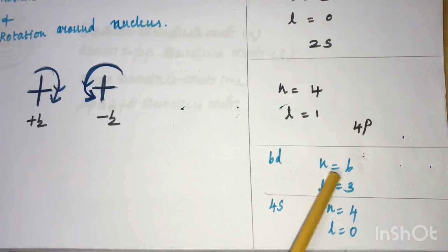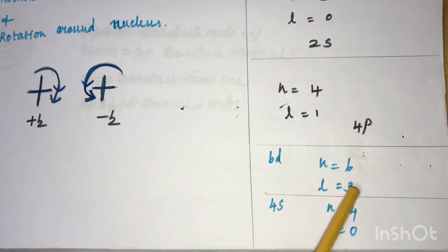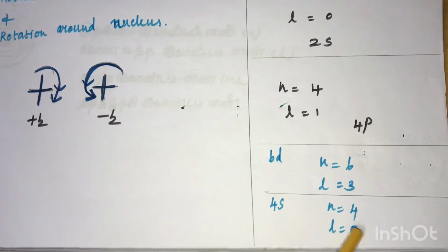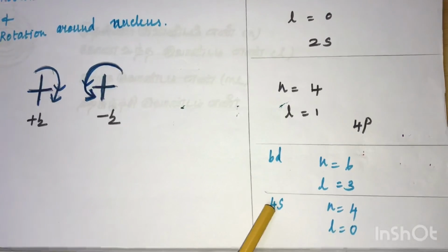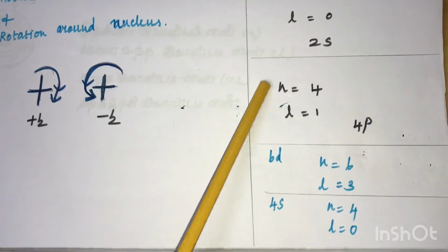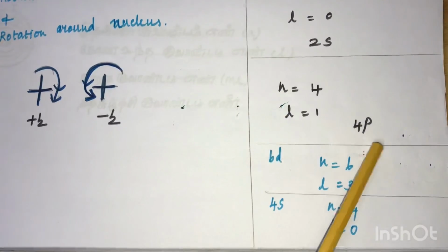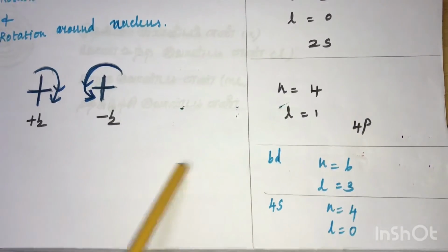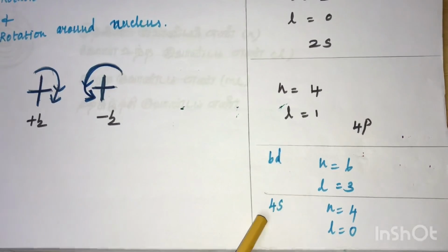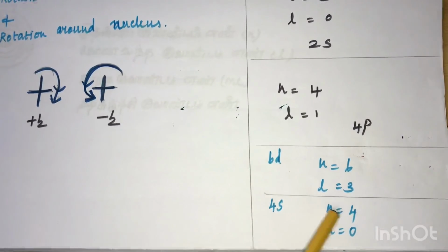And 6d: n equal to 6, l equal to 2 means it is 6d orbital. And for 4s orbital, n equal to 4 and s orbital, l equal to 0. So with the given n and l values, the orbital can be calculated by using quantum numbers. For the given orbital, the n and l values can also be calculated.